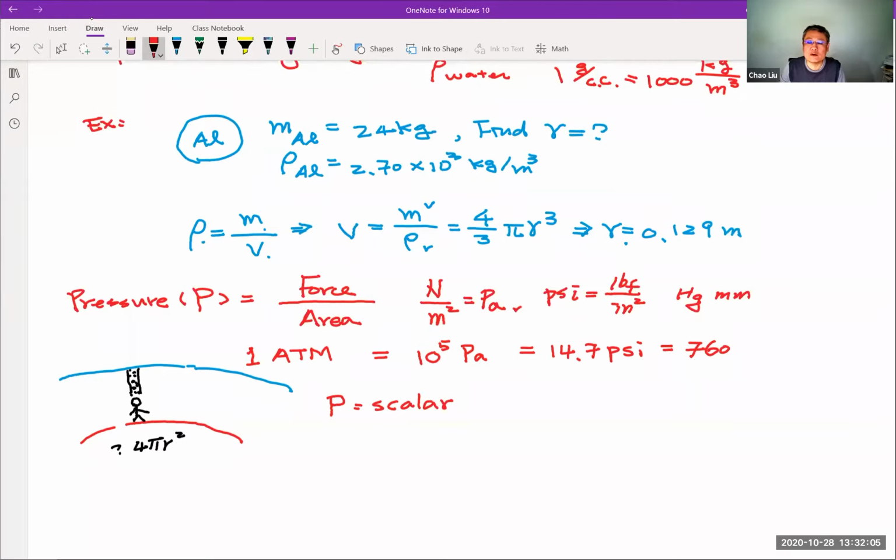Well, it turns out when you use this to do the calculation, this force is the force that is perpendicular to this area. So if you put a block, let's say this is a block, inside a tank, and in the tank I put some water, this block is going to feel some kind of pressure, right?